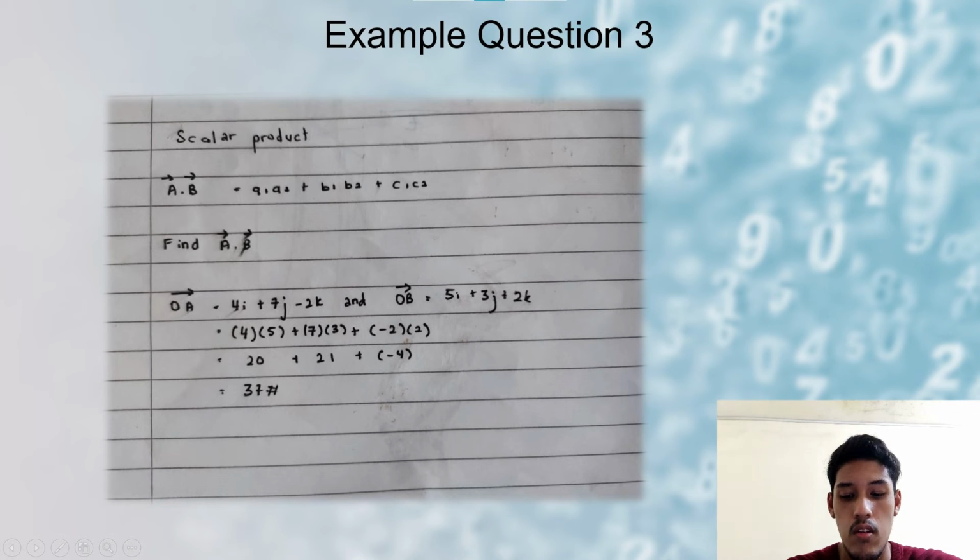We multiply 4 times 5, plus 7 times 3, plus negative 2 times 2. So we have to add everything: 20 plus 21 plus negative 4, and we get 37.